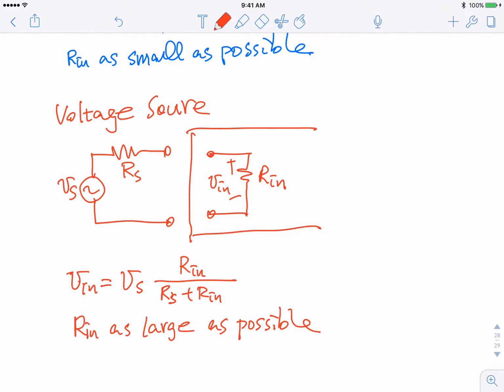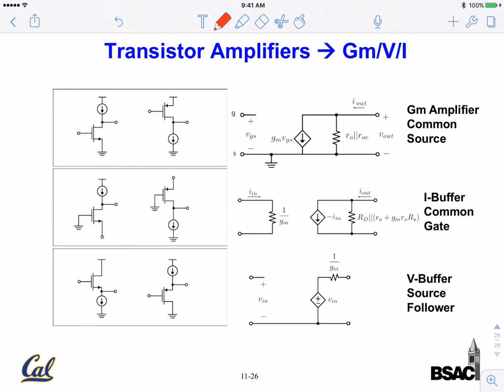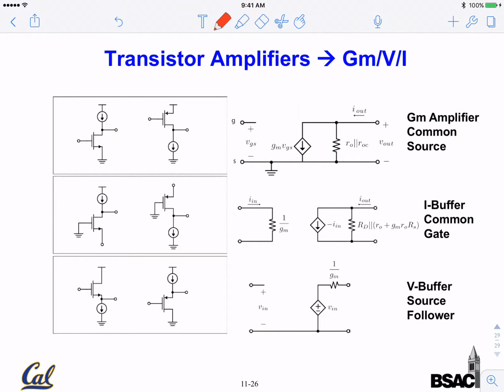All right, good. That brings us to this nice summary of the three amplifiers. This is the common source. We talk primarily about the NMOS configuration, where input goes to the gate and output is taken from the drain.